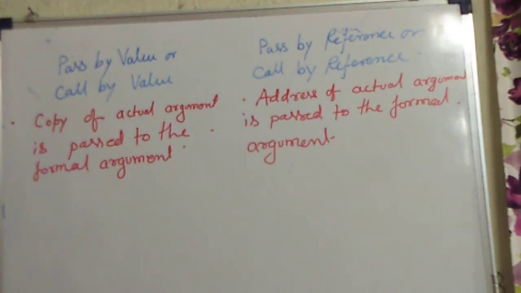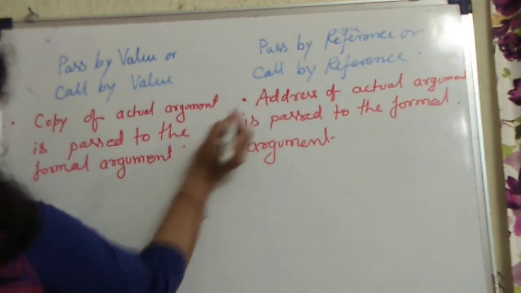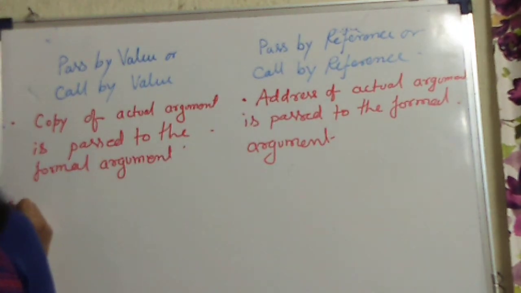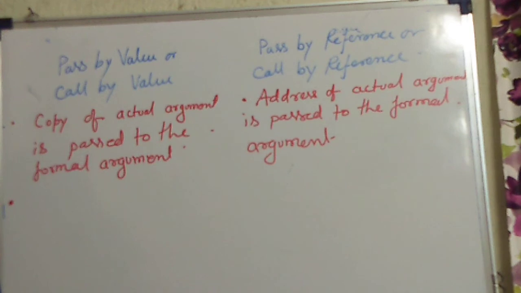What is there in call by reference? The address of the actual argument is passed to the formal argument.